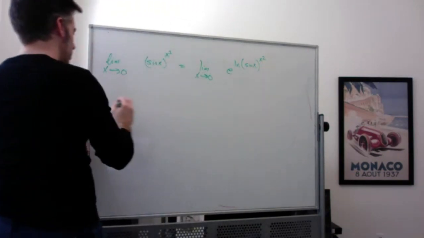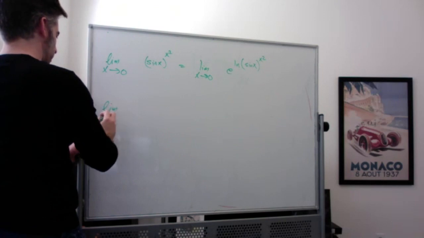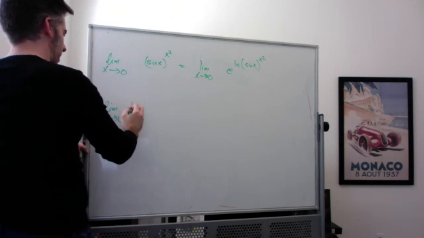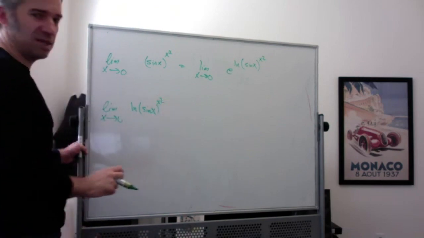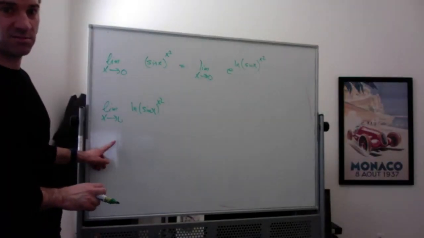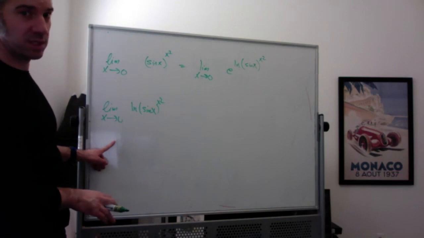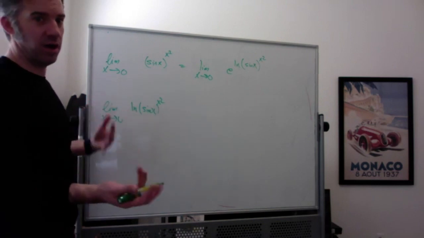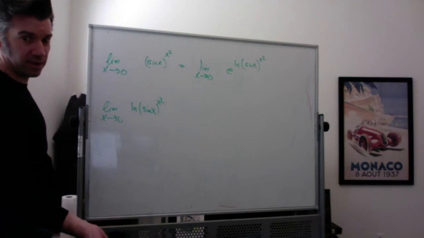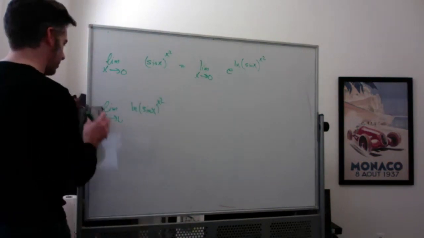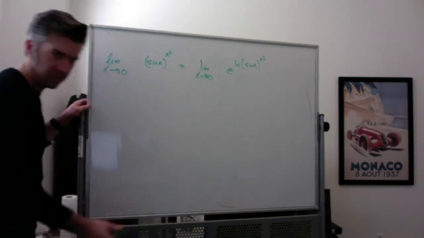And who votes for me just doing this, the limit as x goes to 0 of natural log of sine of x to the x squared? Does anyone prefer this? Guys, like, we don't care, just do the problem. Okay, hearing no opinions from anybody, I prefer the first one. Okay, great. Somebody said something. Good stuff. So we'll do it like this.